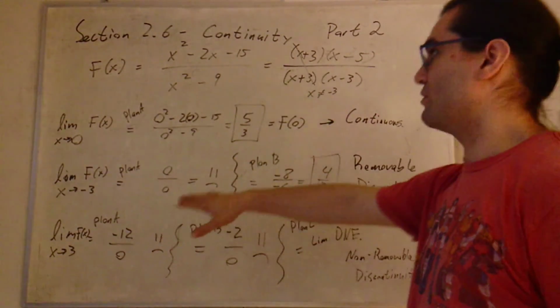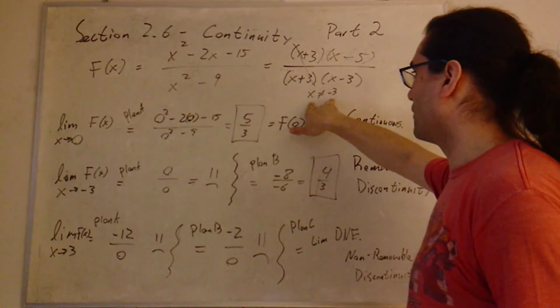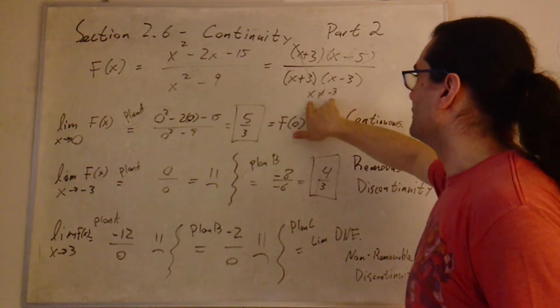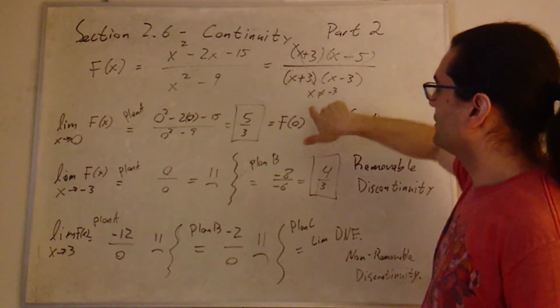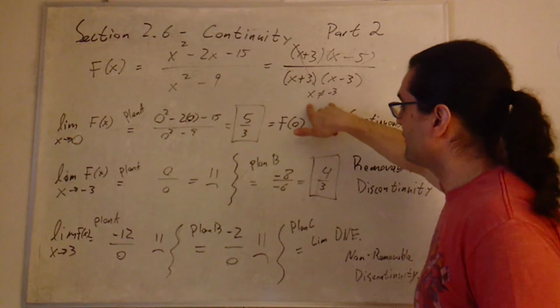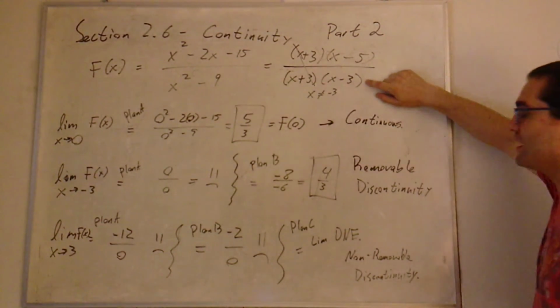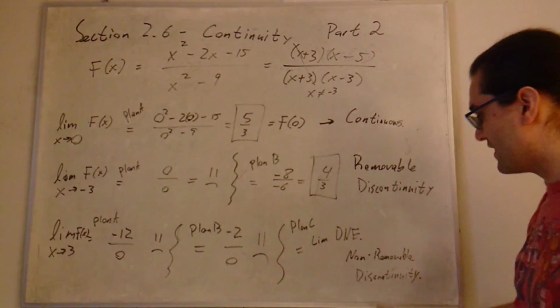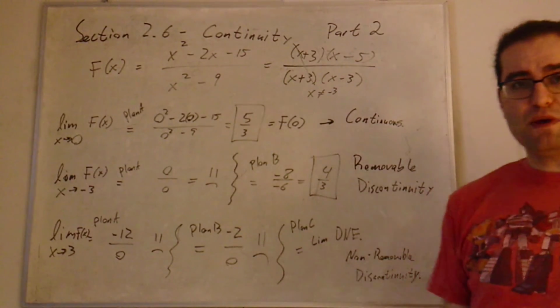If you think back to what we learned about rational functions, this is a little hole in the graph. The domain restriction you get from canceling factors gives you a little hole in the graph. That's removable. The stuff that stays in the denominator gives you vertical asymptotes. That is non-removable. And that's basically all there is to it.